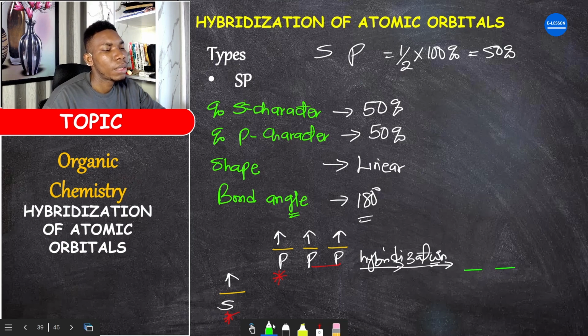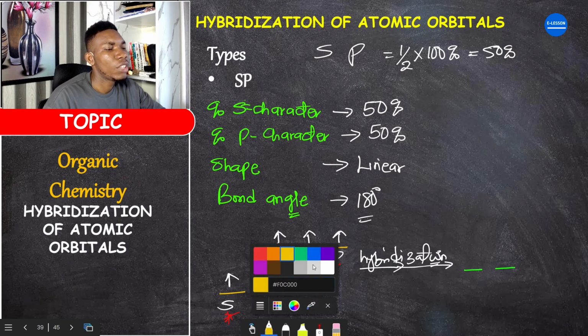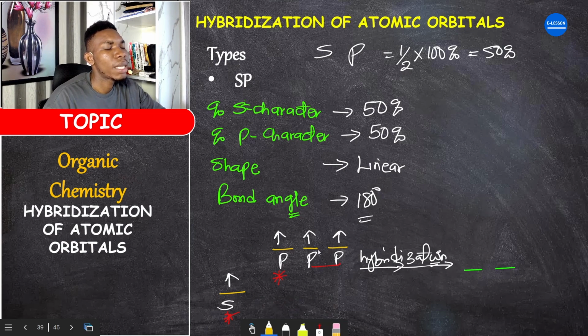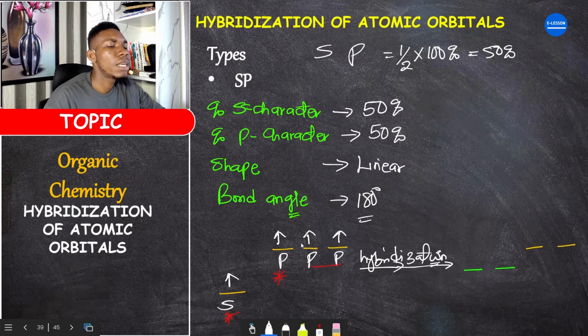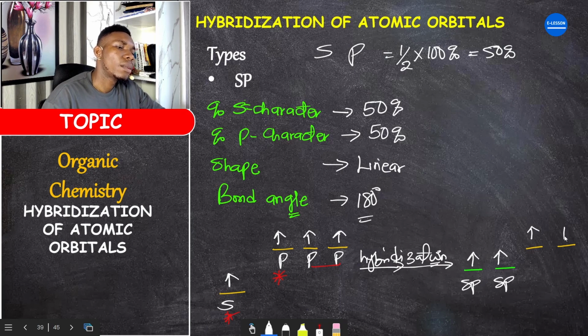Two of them. And then you have two unhybridized orbitals, which will be at the same level as the p orbital. So unhybridized atomic orbitals remain at the same level as the initial atomic orbitals. So at the end of the day, you have something like this. Here will be sp, sp, 1, 2. Is that okay? So this is what you are now going to form.